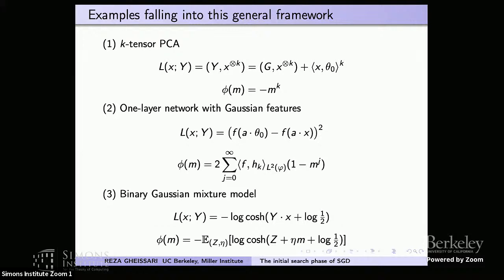In the one layer network with Gaussian features, your population loss is this kind of quantity where these are the Hermite coefficients of your activation function. Once you subtract that off, then L minus phi satisfies the scaling relations I mentioned on the earlier slide. And in the binary Gaussian mixture model, again, a similar situation. So this framework at least satisfies these kinds of one-dimensional recovery problems where we just care about the correlation with this hidden signal.